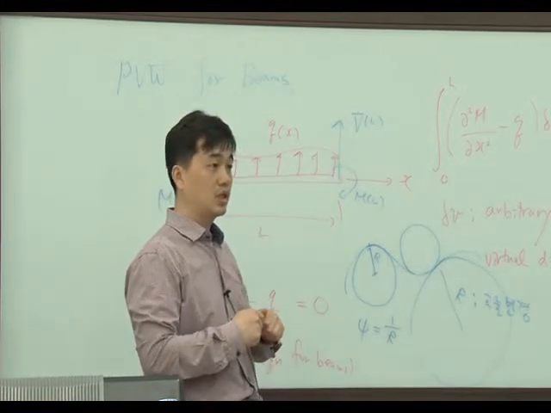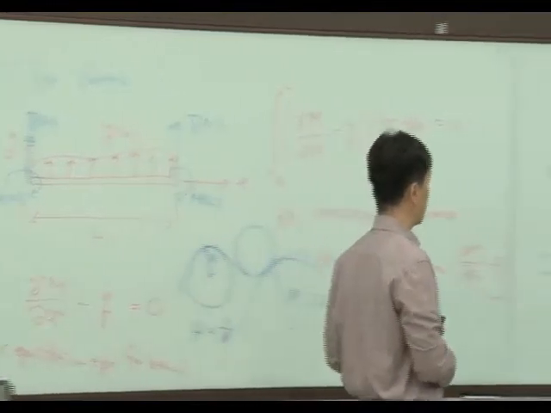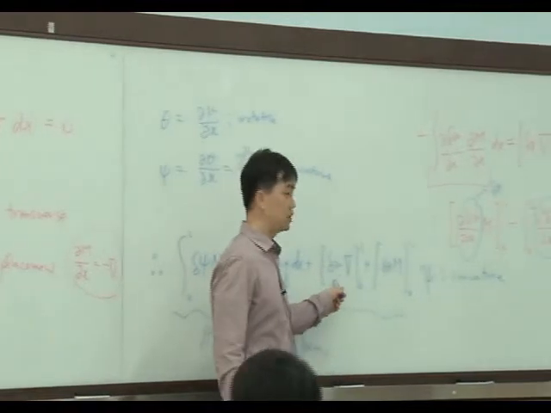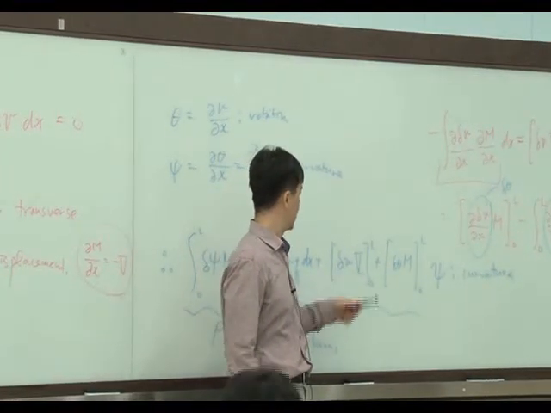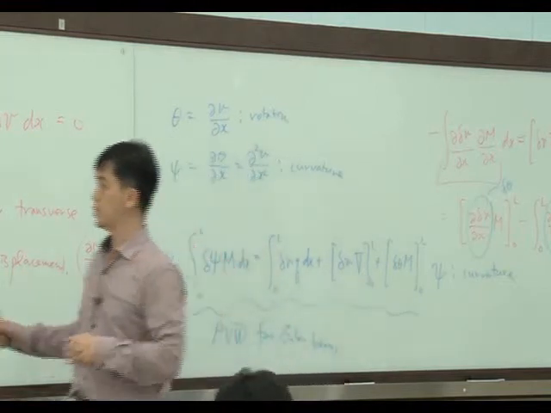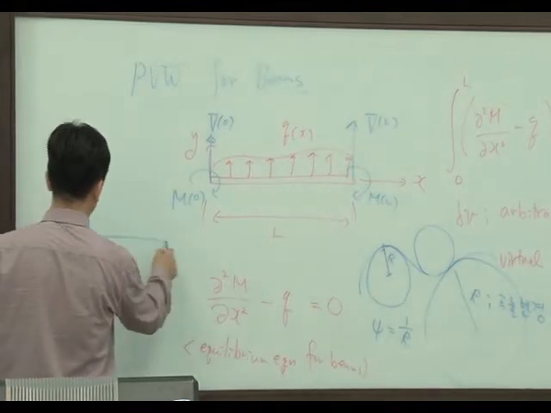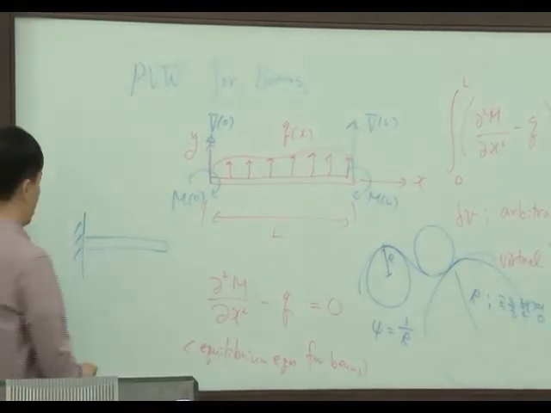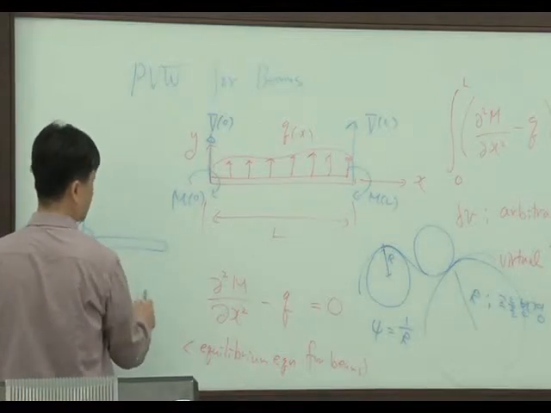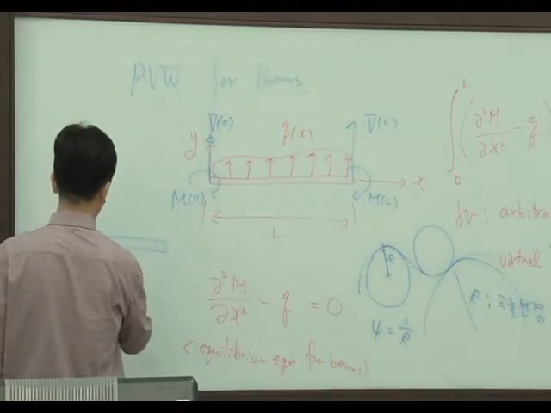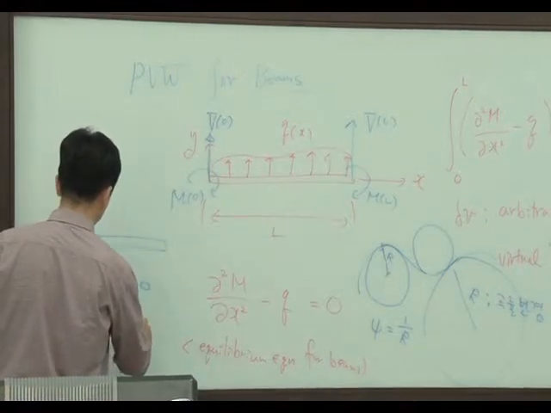And how can we enforce the boundary condition? The boundary condition can be enforced here by using the virtual displacement. For example, if you want to solve the cantilever case, here you need to impose theta equals 0 and displacement 0.